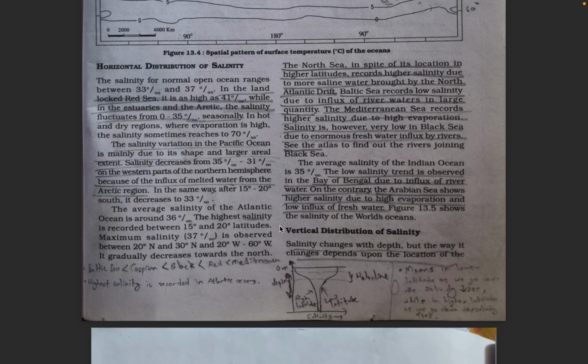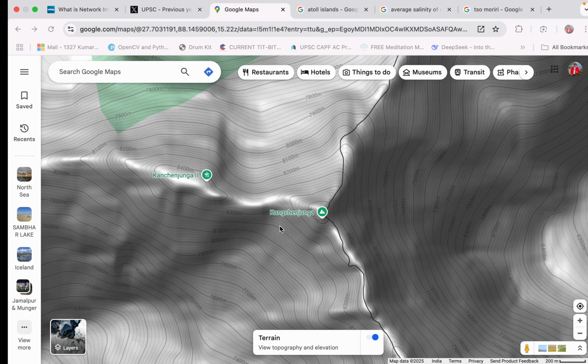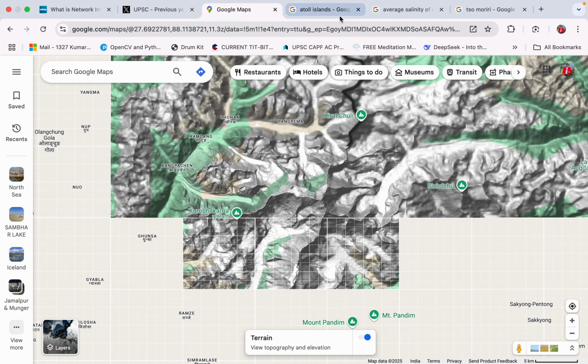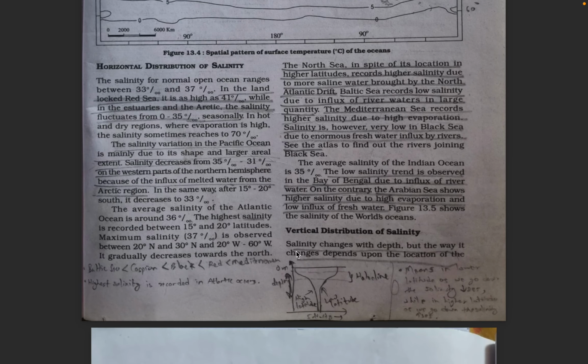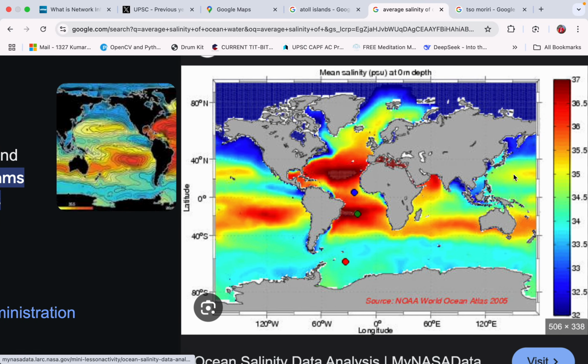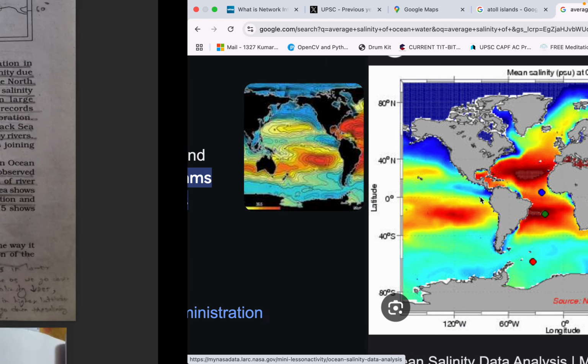So salinity in the western part of the Pacific Ocean is lower because of the high influx from the Yellow Sea, and there are also many seas that put out water here in the western part.